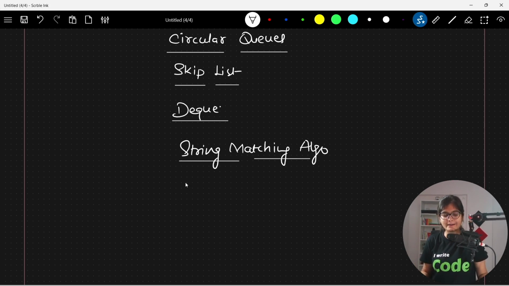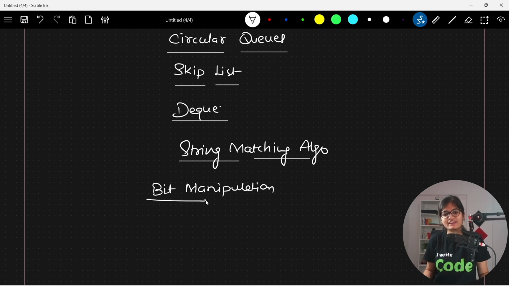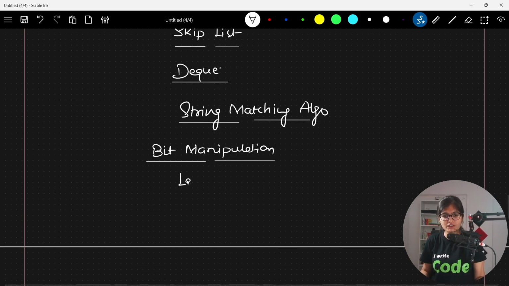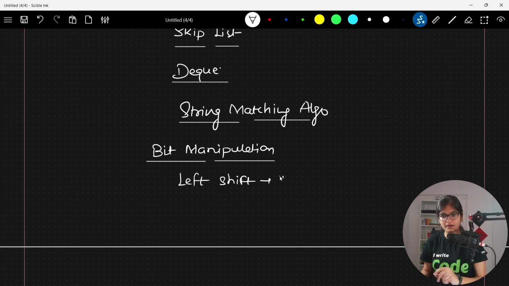After that, there is something called bit manipulation, where we usually study how we can do left shift and right shift. What is the importance of a left shift or right shift? For example, if you do a left shift, there is an exponential increase, meaning you are multiplying the number by 2.